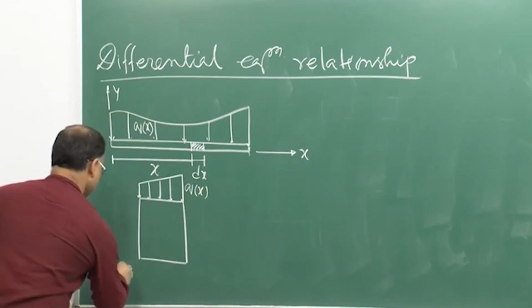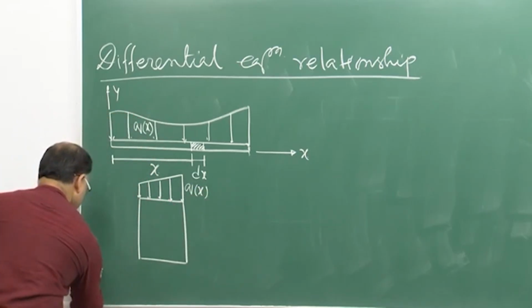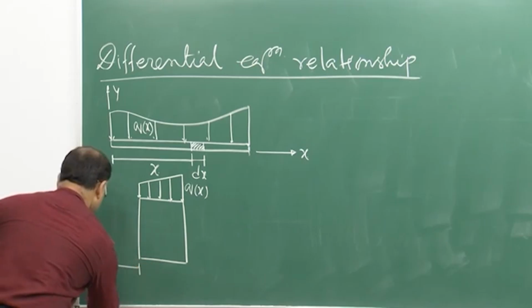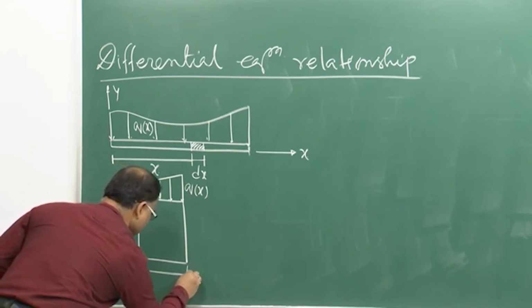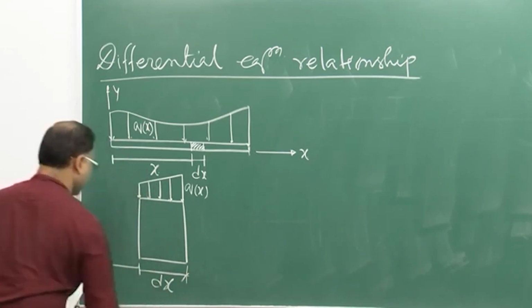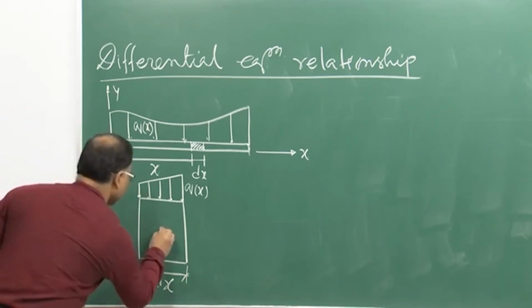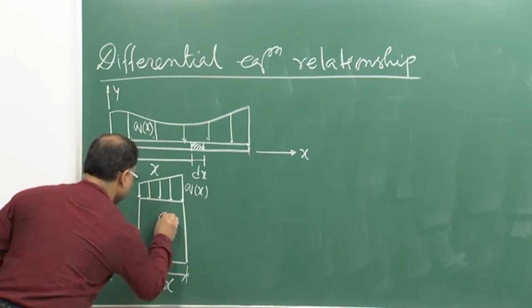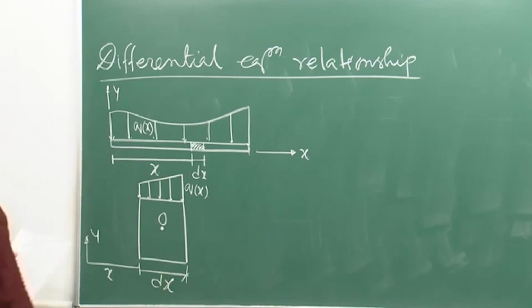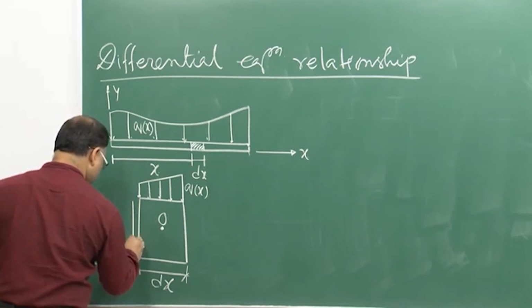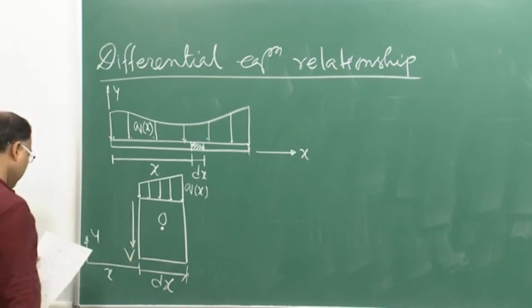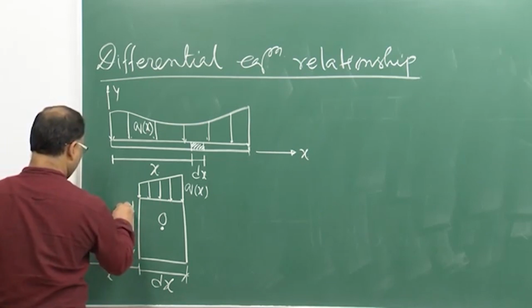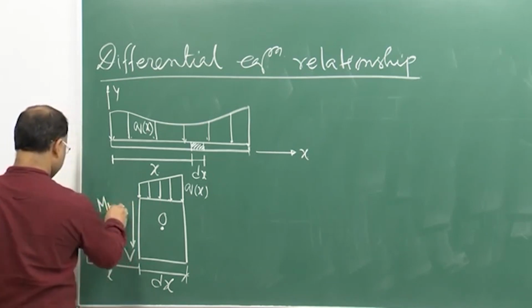This is y(x) and this is your dx. This is the midpoint of the segment, say O. On this side you will have the shear force V and bending moment MB, all positive.